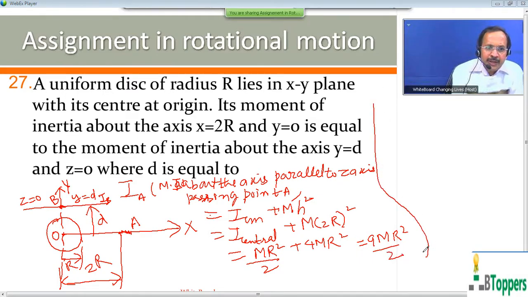Let IB denote the moment of inertia about this axis parallel to the x-axis, about the line y equal to d in the xy plane, and z is 0. So this second axis passing through the point B is parallel to one of the diameters.